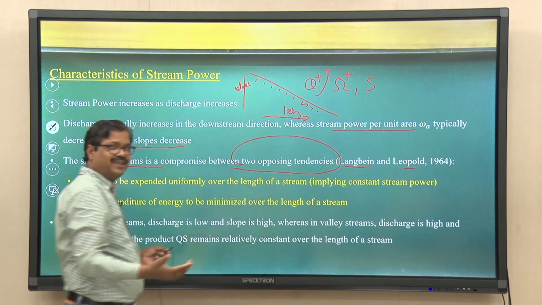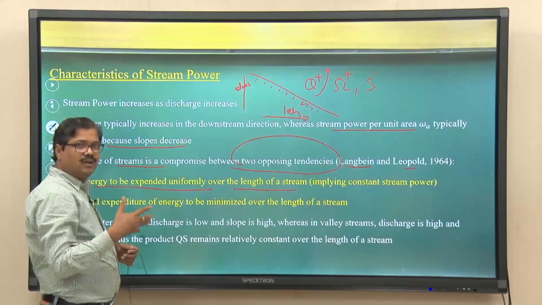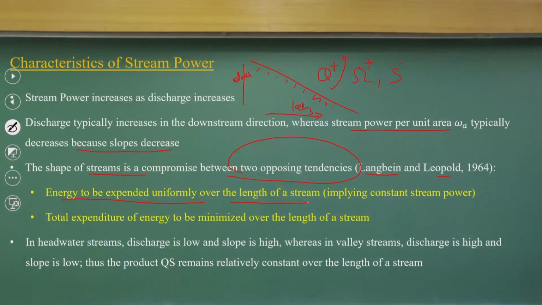With this opposing tendency, the energy is expended uniformly over the length of the stream. The river tries to adjust its cross section and longitudinal slope in such a way that energy is dissipated uniformly along the stream.